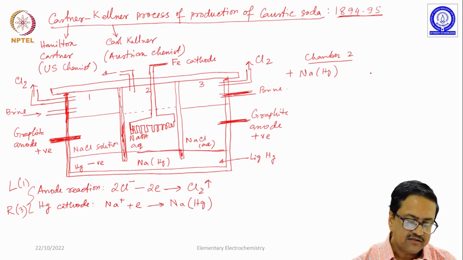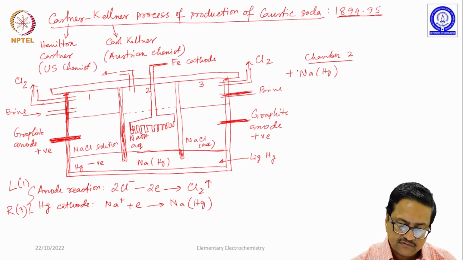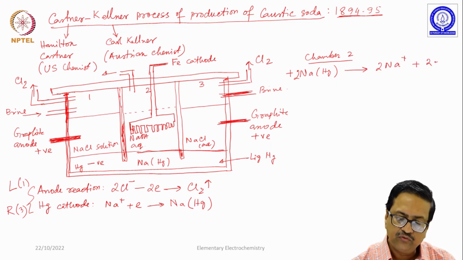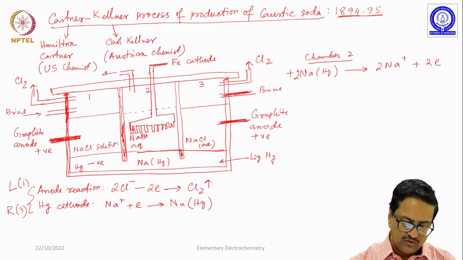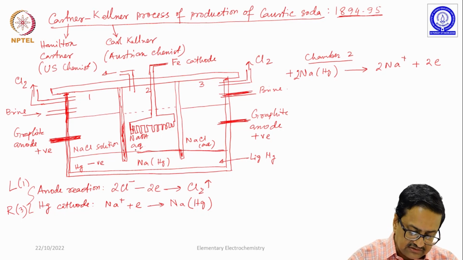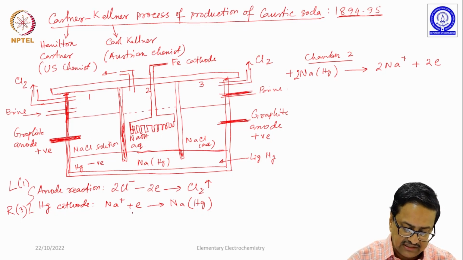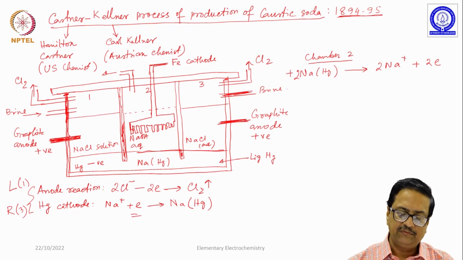At that point this sodium amalgam is getting converted to 2Na plus and it is releasing 2 electrons, which are then taken up on the other side by sodium to again form the amalgam.